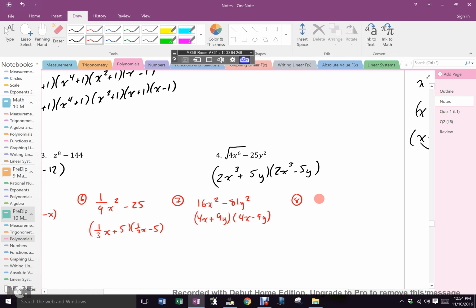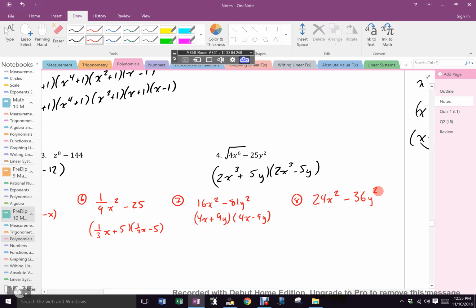Number 8. 24x squared minus 36y squared. Does it look like you can do it?